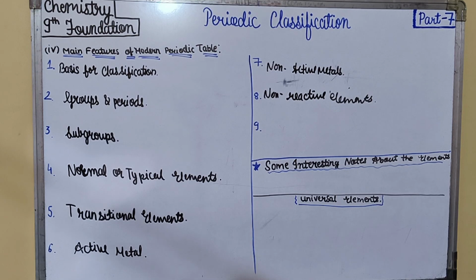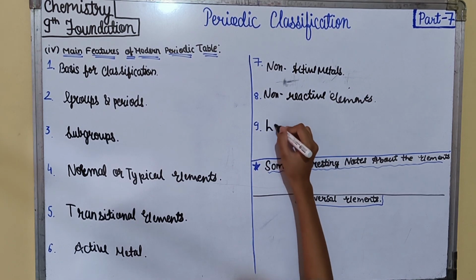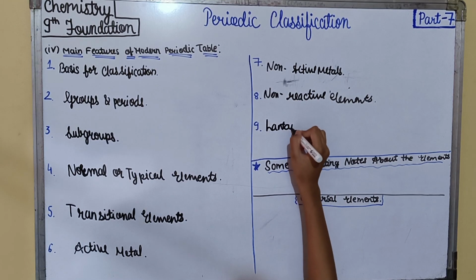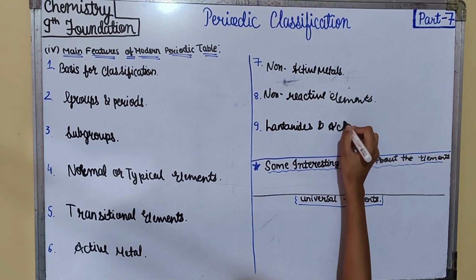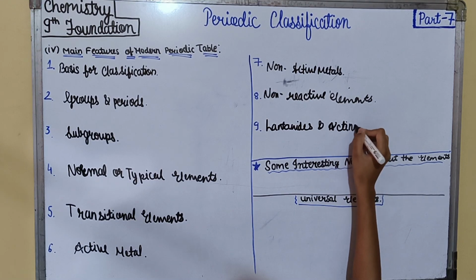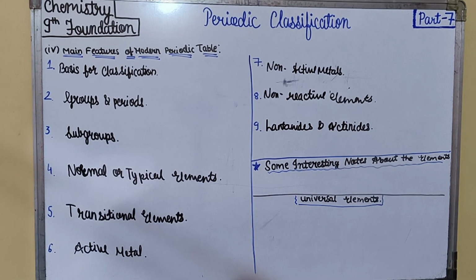Lanthanides and actinides are the ninth. Lanthanides and actinides are placed separately due to the similarity in their properties. Lanthanides include elements from cerium to lutetium lying inside the transition series.